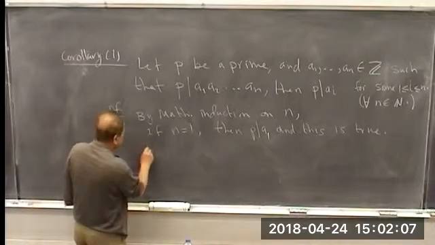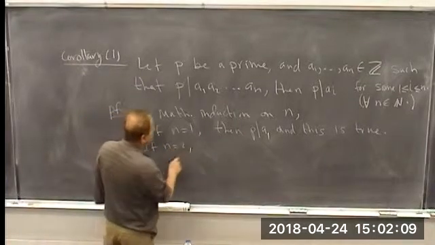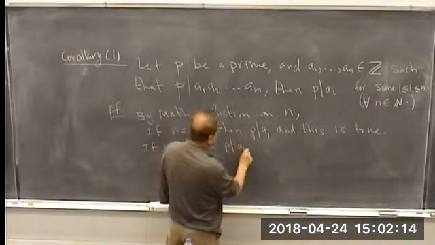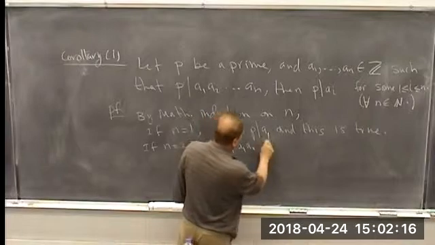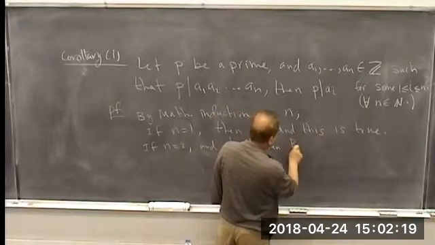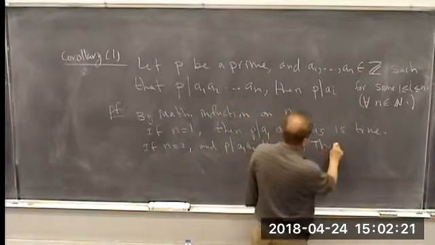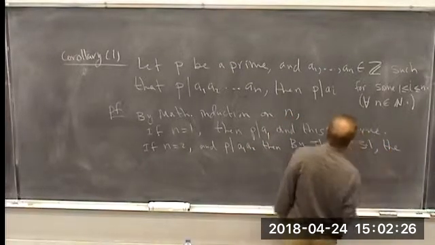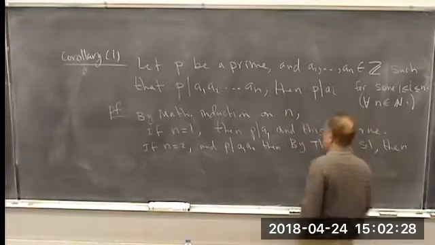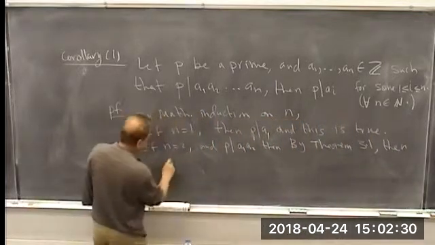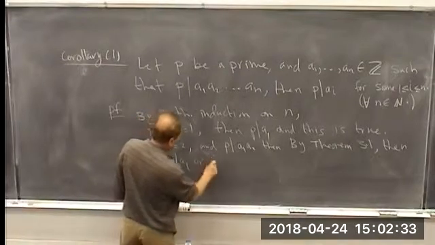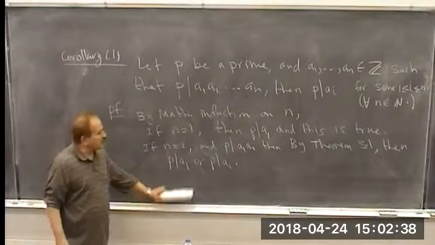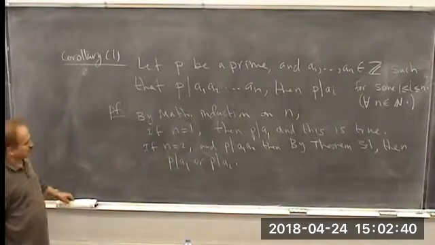Also, if n is equal to 2, and P divides the product of 2, then by theorem 3.1 the statement is true. Then P either divides A1 or P divides A2.